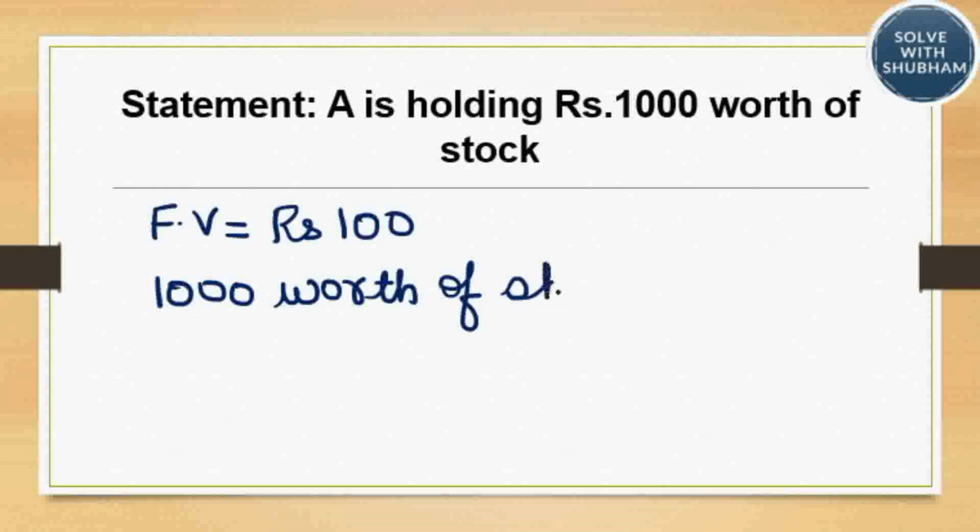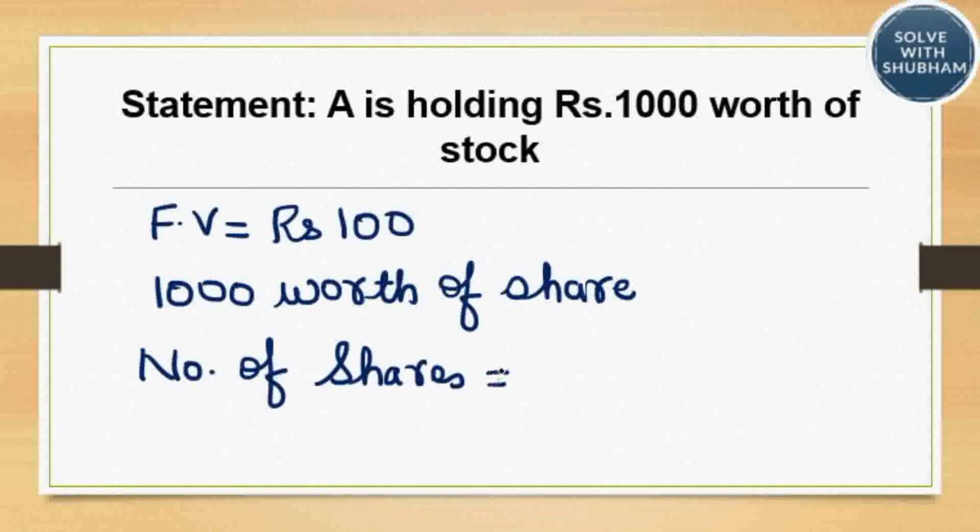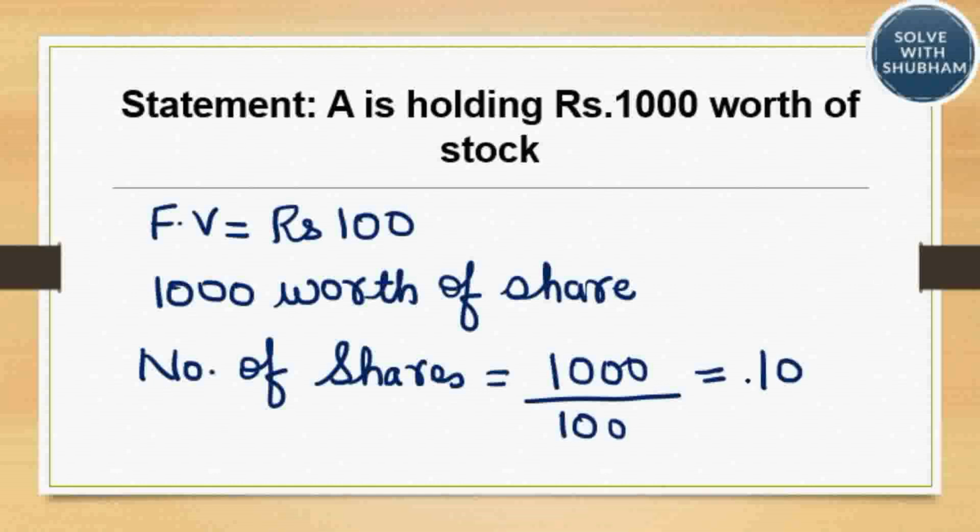It means total number of shares which you are having is your total worth divided by 100 worth per share, which would come as 10. So this statement means A is having 10 shares of that company.